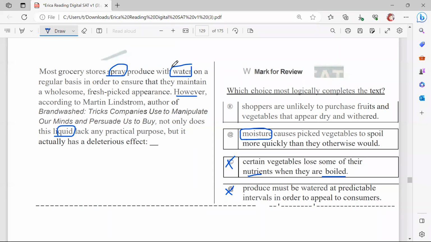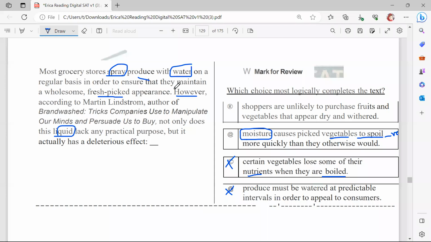The spray, water, liquid, repeated words, moisture, okay, causes picked vegetables. Vegetables are related to what? Products. The produce, the fresh picked things, right? Yes. To spoil more quickly. Spoil is a negative tone, that's exactly what I want.